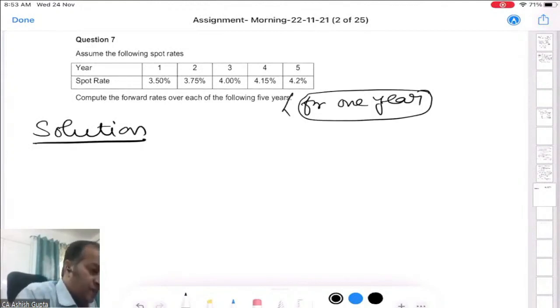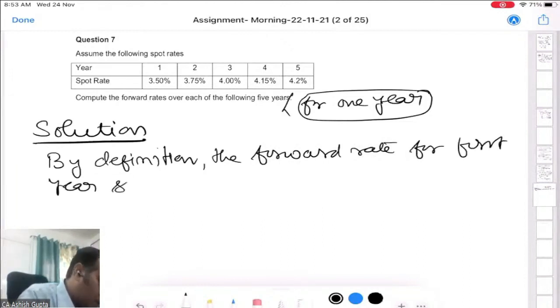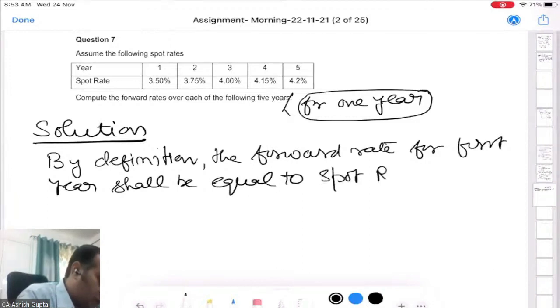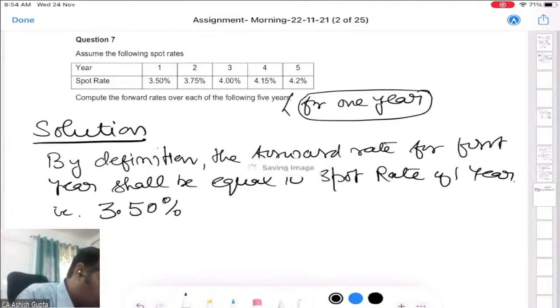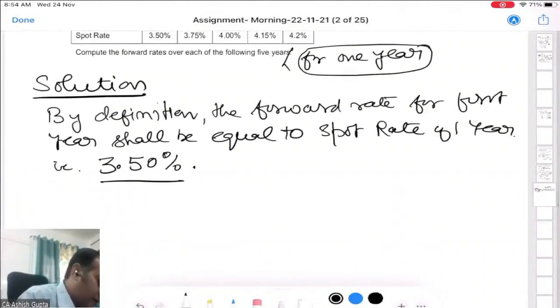Okay, first, can be equal to. Okay. Now I am coming to the second rate.